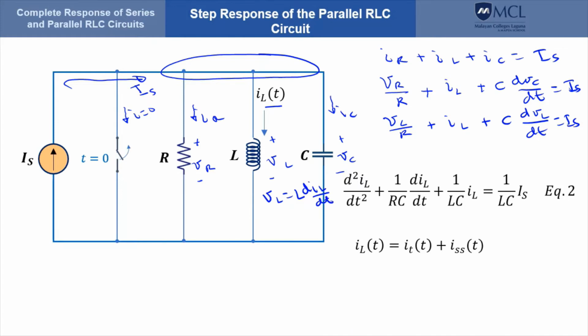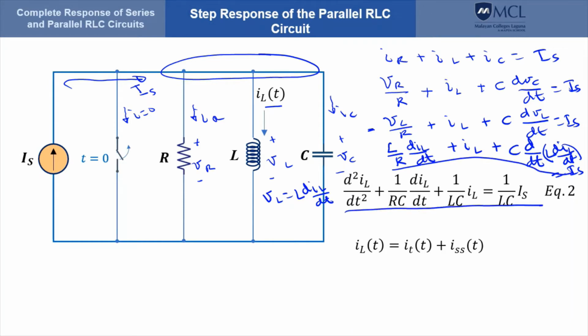So therefore, VL here can be written as L over R dIL over dt plus IL plus C d over dt times L dIL dt, equals I sub S. And if we simplify this differential equation, that will give us this differential equation here.